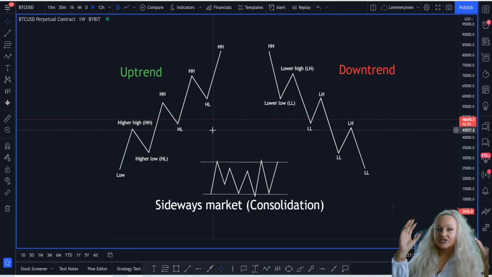So on the daily chart, you might be in an uptrend, but on the 4-hour chart, you just might be in a downtrend. So we're always trying to combine all of these things together. But the first thing that you need to understand is the overall picture. Is Bitcoin in an uptrend on the weekly chart, or is the market in a downtrend on the weekly chart? And after that, we are breaking everything down.